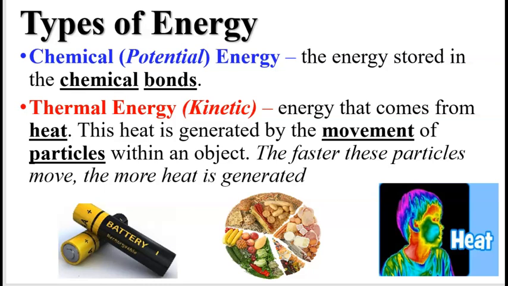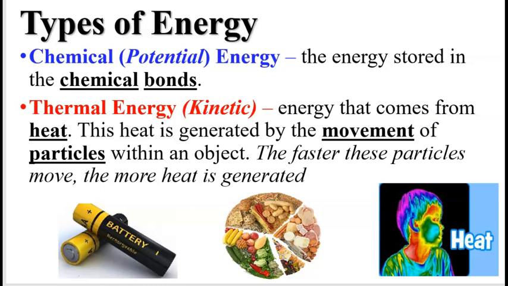So that's what you've learned before, but now we're going to change the vocabulary a little bit. Now we're going to talk about types of energy in terms of chemistry. So we're going to talk about chemical energy. This is what you've previously learned as potential energy. Now we're going to call it chemical energy. This is the energy that is stored in chemical bonds. Think about a battery. You're not actually using up that energy yet, but that's a storage place.